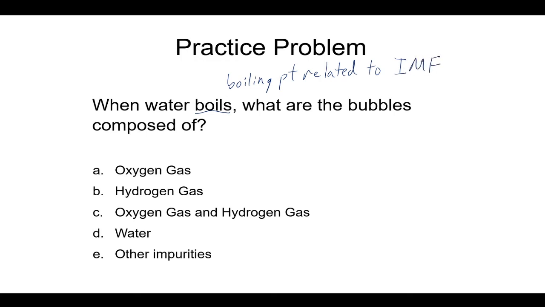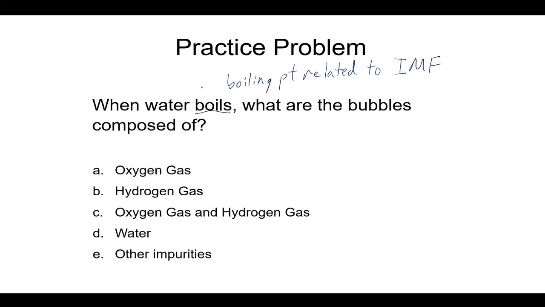So the picture we want to have here is that when we boil something or when we melt something, it's a phase change. We're not changing the chemical composition. All we're changing is overcoming this physical force, not a chemical bond, but a physical property is what we're concerned with here. And these are governed by these intermolecular forces.